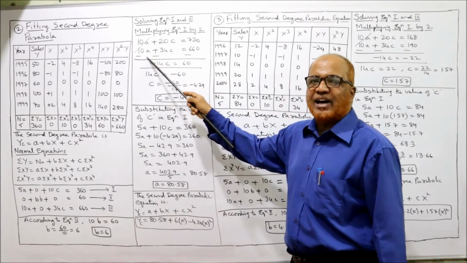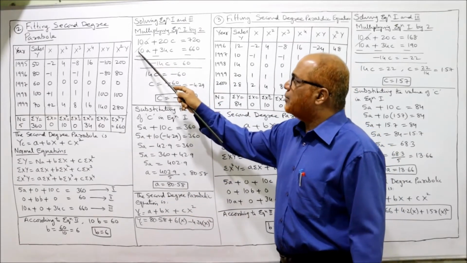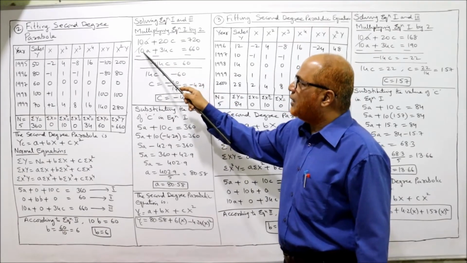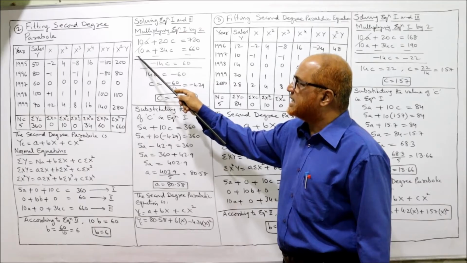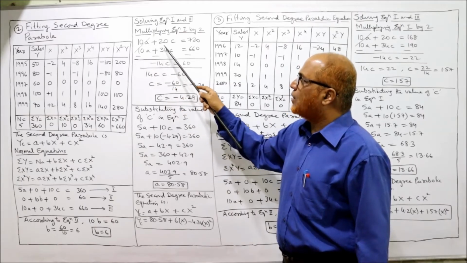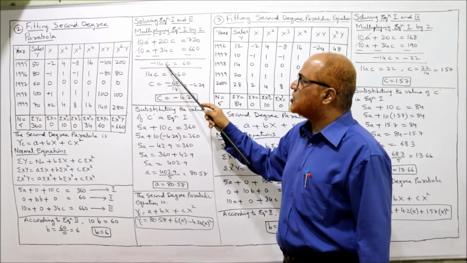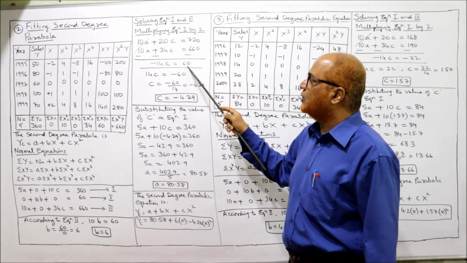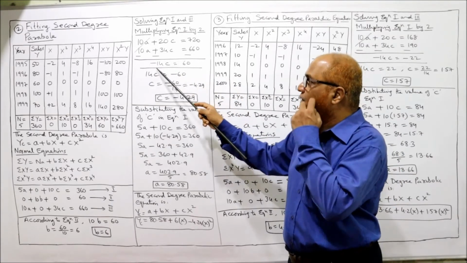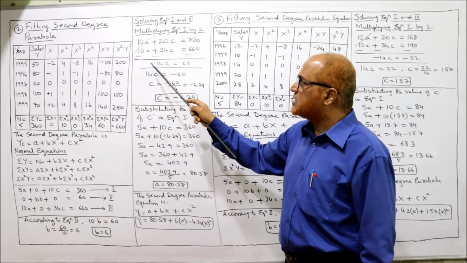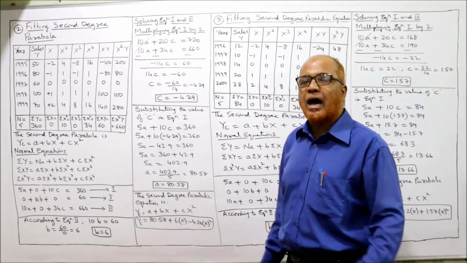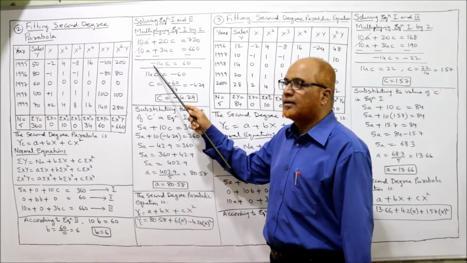Now changing the signs, plus becomes minus, so 10a minus 10a gets cancelled. Minus 34c plus 20c gives minus 14c is equal to minus 660 plus 720, which is 60.